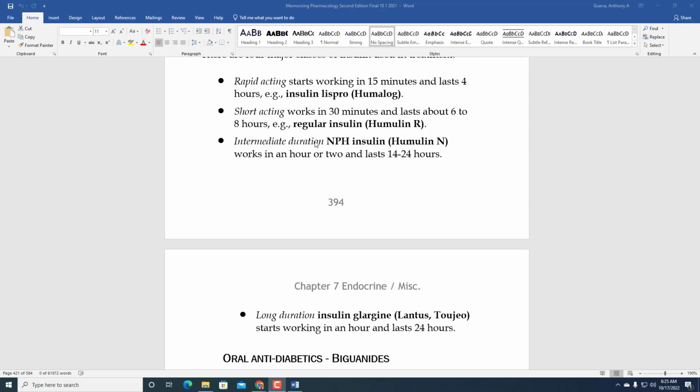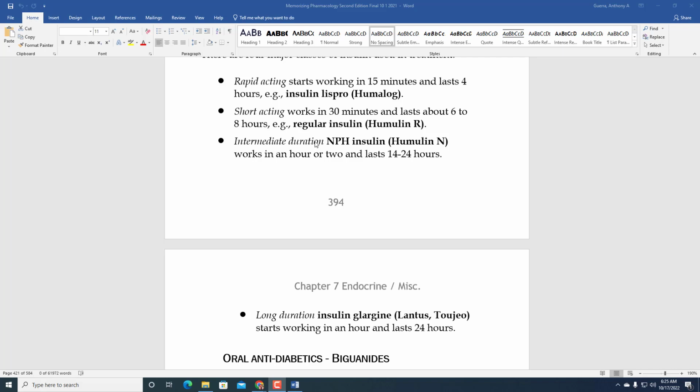In this case, with insulin, you want to memorize the rapid acting, those that start working in 15 minutes and last about 4 hours. Those work so quickly that you've got to make sure the patient has a meal. So we're talking about insulin Lispro or Humalog. Short acting works in about 30 minutes and lasts about 6 to 8 hours, and this is regular insulin, Humulin R. The intermediate, NPH, Humulin N, works in about an hour or two and lasts 14 to 24 hours.